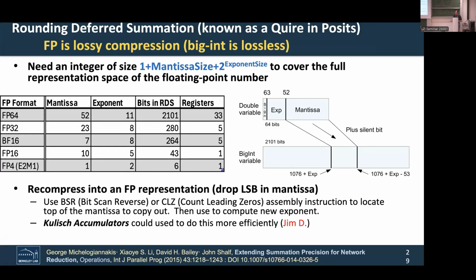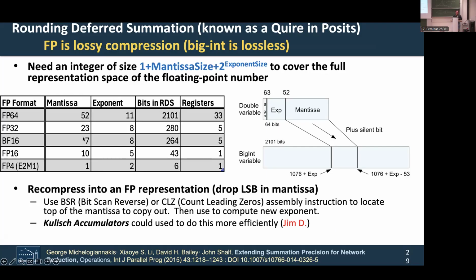So rounding deferred summation, also known as a quire in posits, is not a new thing. As Jim pointed out, Kulisch and accumulators. But if we just lay it out, a floating point number is basically a compression of a very large integer. If you think in terms of the size of integer you need to represent the entire representational space, it is 1 times the size of the mantissa and 2 to the exponent size.